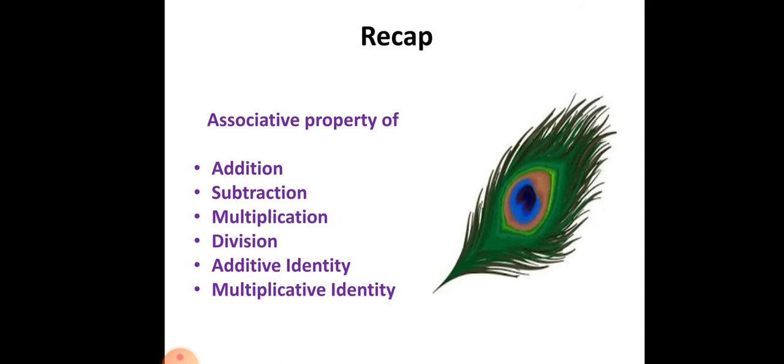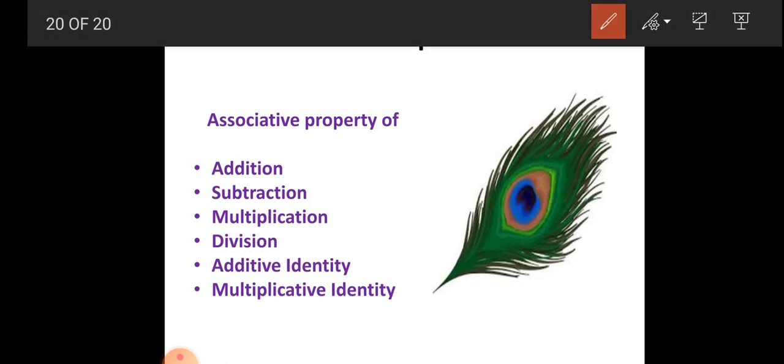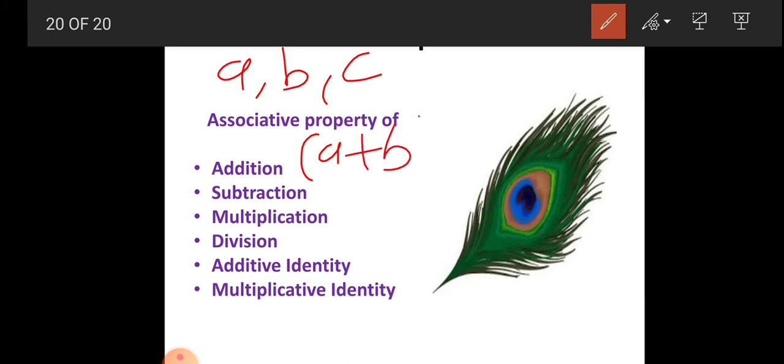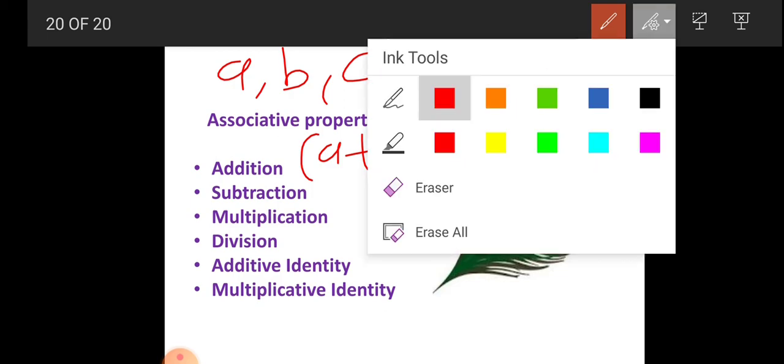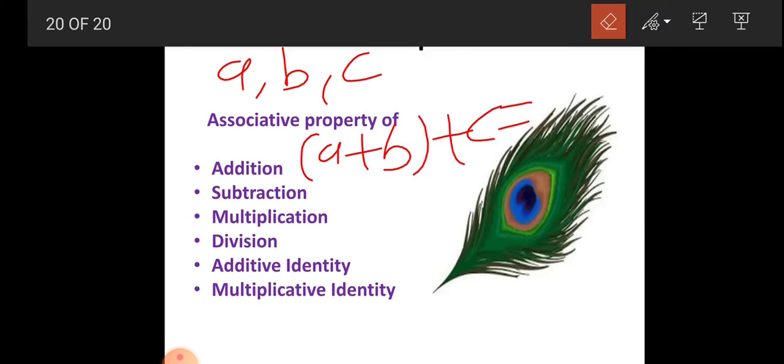Associative property of addition: when 3 or more whole numbers are added, for example, A, B and C are whole numbers, A plus B plus C equals A plus B plus C with the brackets grouped differently. This is the associative property of addition.